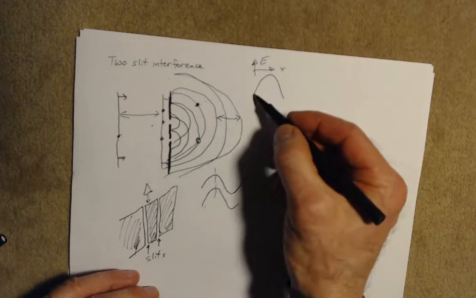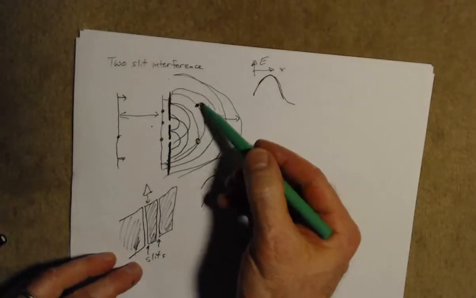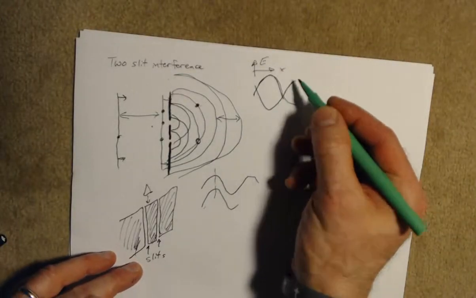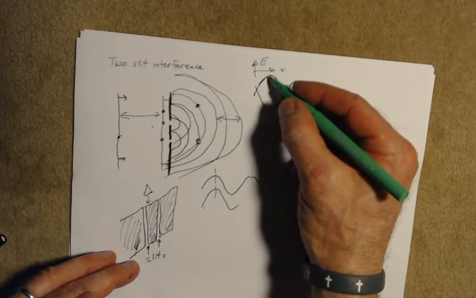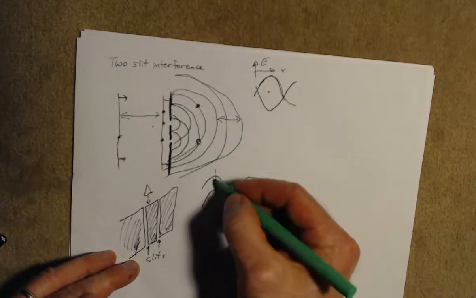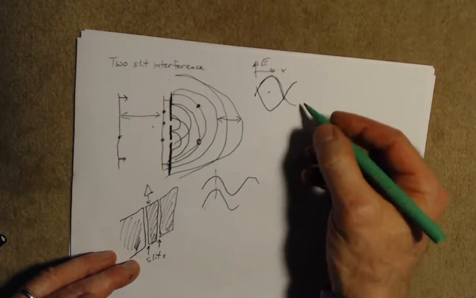So at this point, the black wave is at a maximum, but because we're right in between the wavefronts for the green wave, it would be at a minimum. And so they're canceling in this case. So if we add these together, I get 0, whereas in this case where they're lined up, I add them together, I get something that's twice as big as what I started with.